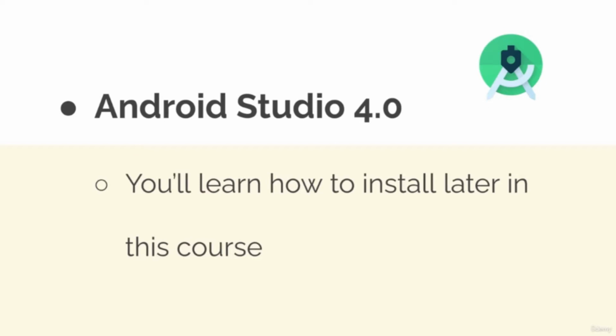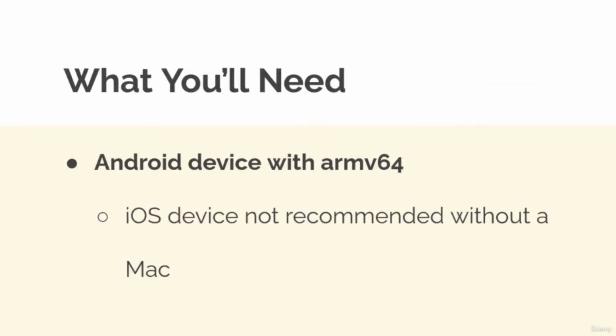You'll learn how to install it later on in this course. And this is only for deploying the project on an Android phone. For deploying the project on an iOS device, like an iPhone, it's recommended to use a Mac computer to package the project for iOS. But you can still start off by building it on a Windows computer.